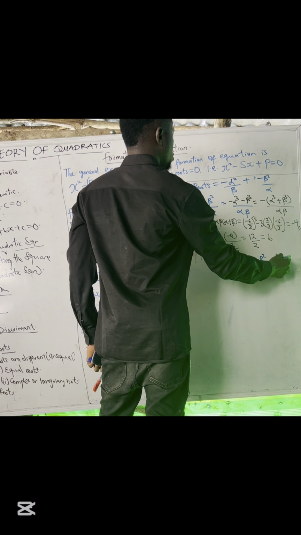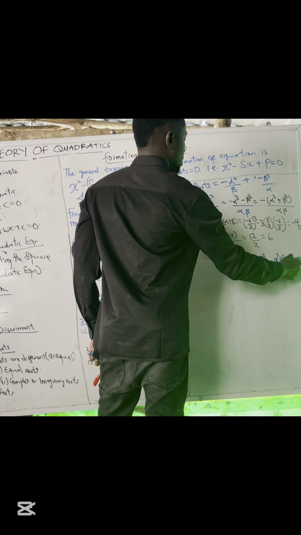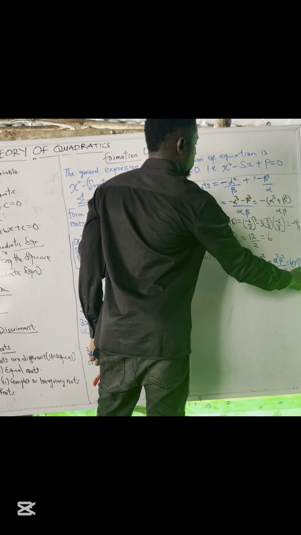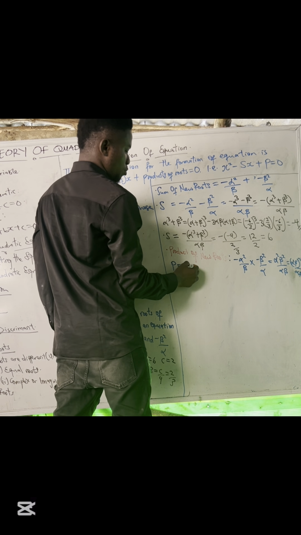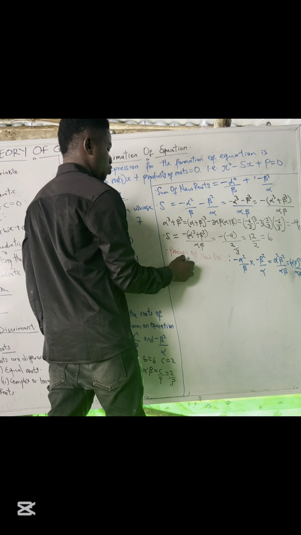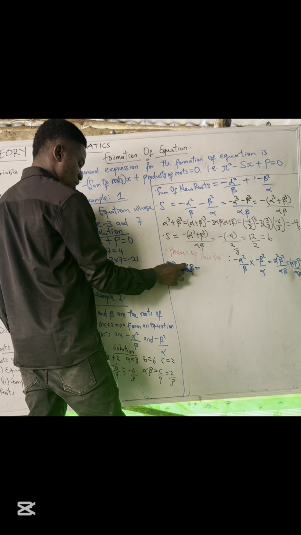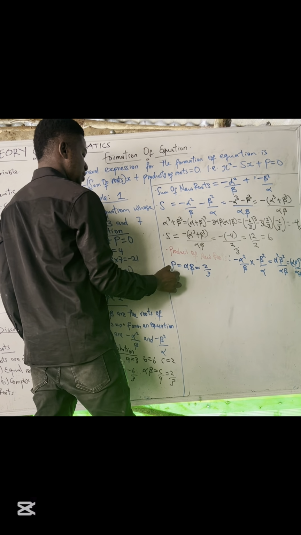This will be alpha squared beta squared over alpha beta. This can be alpha beta all squared over alpha beta. So therefore, the product of new roots is going to be, if I remove alpha beta from alpha beta all squared, it remains alpha beta. And the value for the product of new roots is going to be what? 2 over 3.